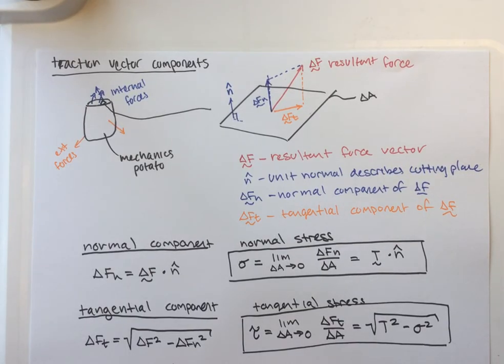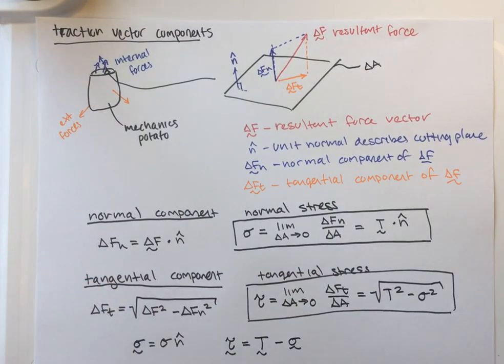And we could also find the tangential stress vector, tau, and that would be equal to the traction vector t minus sigma n. Hopefully you guys can see that now. Here's the normal stress vector. Here is the tangential stress vector.